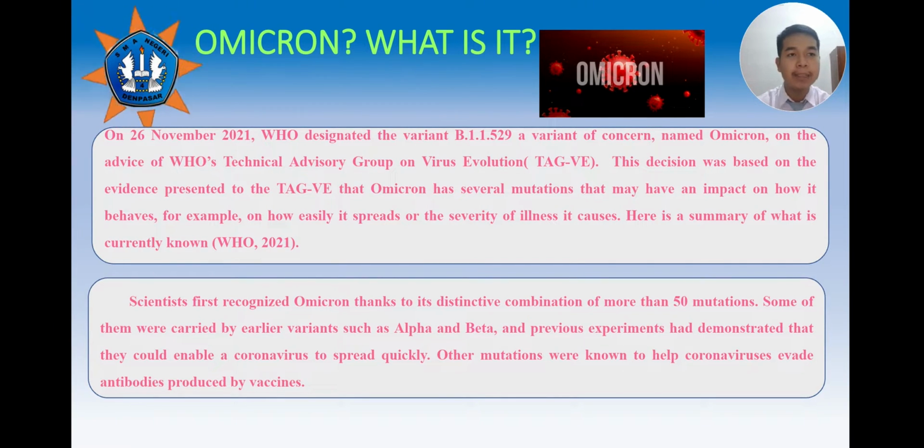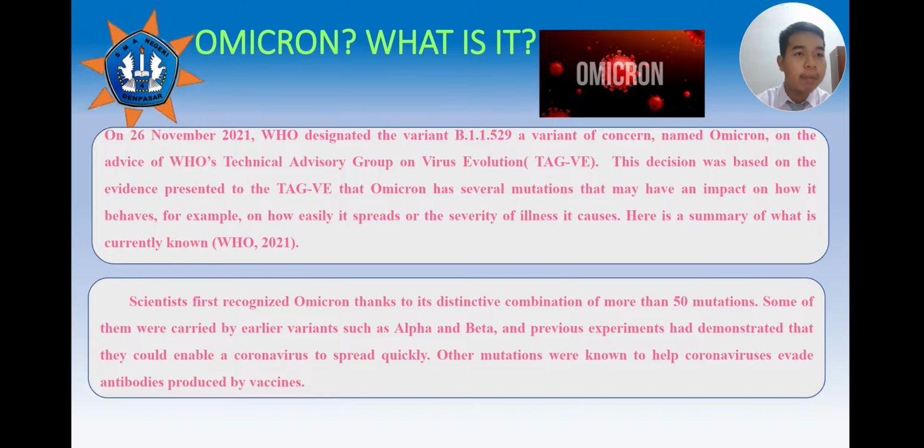This decision was based on the evidence presented to the TAG-VE that Omicron has several mutations that may have an impact on how it behaves, for example on how easily it spreads or the severity of illness it causes.